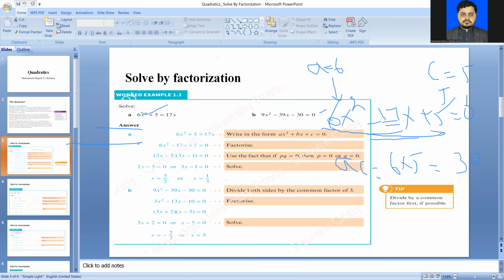Okay, so we have various possible factors of 30. One choice is 15 into 2, which is 30. And another is 1 multiply 30 equal 30.